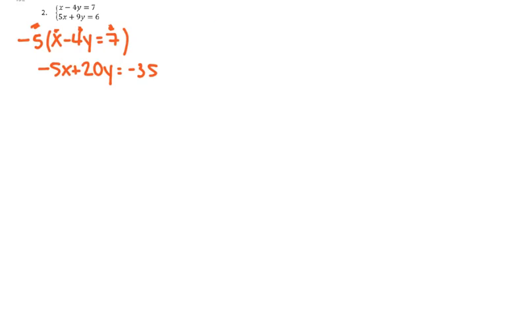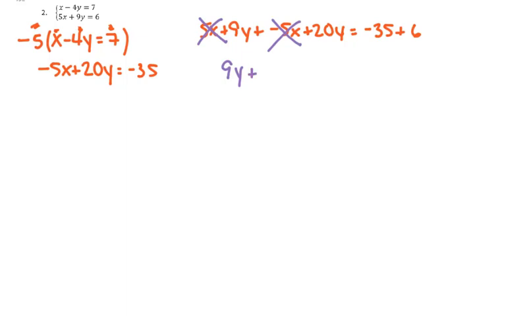So I've got 5x plus 9y plus negative 5x plus 20y equals negative 35 plus 7. Nope, that's not right. Negative 35 plus 6. Sorry about that, guys. All right, so now since I can eliminate my x because I have a negative 5 plus positive 5, now I have 9y plus 20y equals negative 35 plus 6.